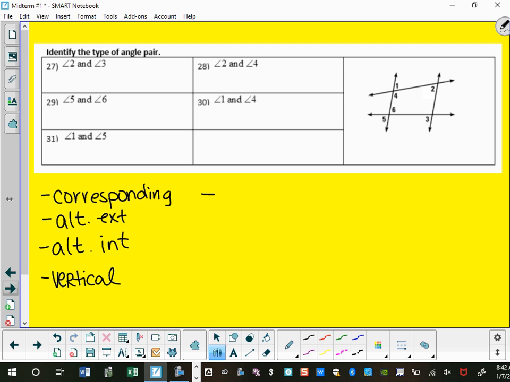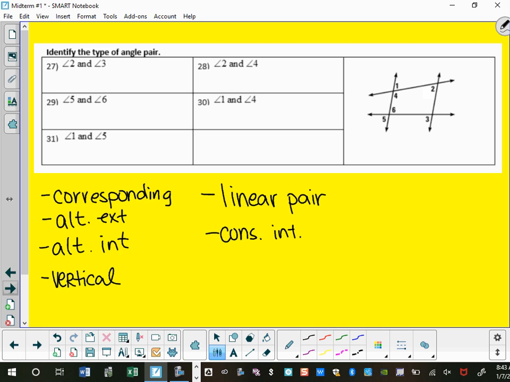Linear pair. Yeah, linear pair. And then we also have consecutive interior. So: corresponding, alternate exterior, alternate interior, vertical angles, linear pair, consecutive interior. I think we're good.